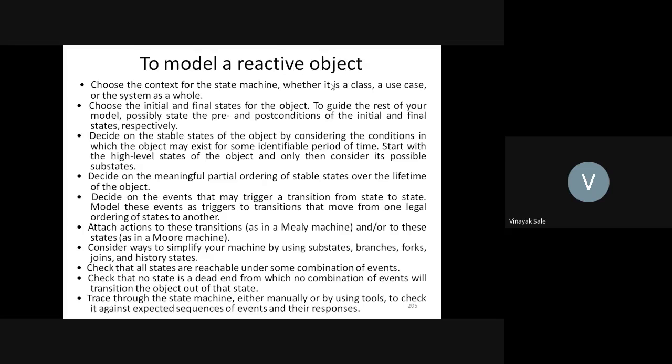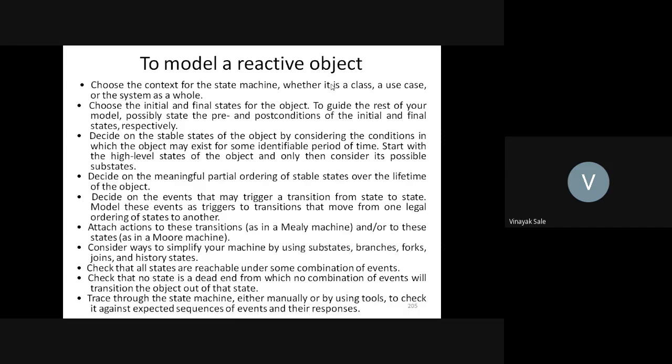So to model a reactive object, select the context of the state machine, whether it is a class, a use case, or a system as a whole. Select the initial and final states for the object. To guide the rest of your model, possibly state the pre and post conditions of the initial and final states respectively.